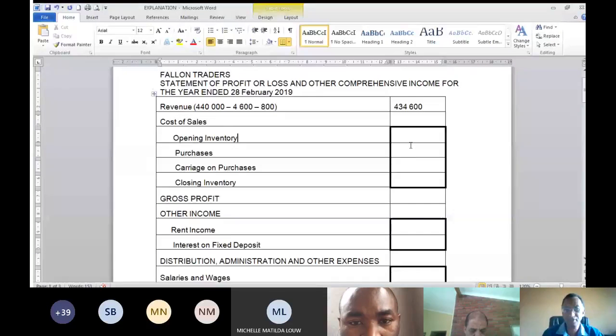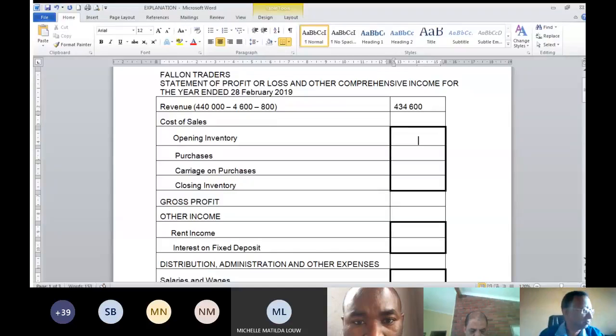So the cost of sales is equal to opening inventory. Go to the question, and you will see that the financial year has ended on the 28th of February 2019. So that financial year has started on the 1st of March 2018.